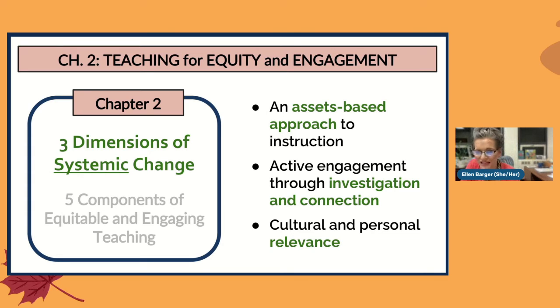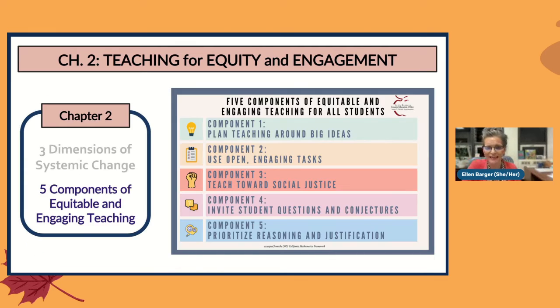Okay, well, I'll let you keep doing that as we move on to the next element that I invite you to look at. And I love this graphic that my colleague, Lauren Aranguren, made, that she was so motivated by these 5 components of equitable and engaging teaching for all students, and working with some of our schools and our teachers and our classrooms made these really cool icons to go with them.